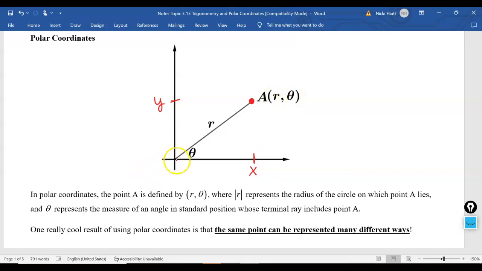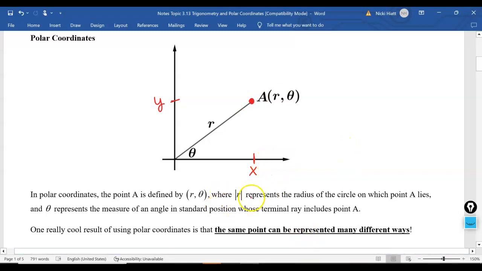So rather than going left or right first and then up or down, we are going to set our angle. If this angle right here was pi over 4, we would set our angle to pi over 4, and our radius would tell us how far to go. If the radius was 7, we would set our angle to pi over 4 and travel 7 away, and that would get us to that point right there.